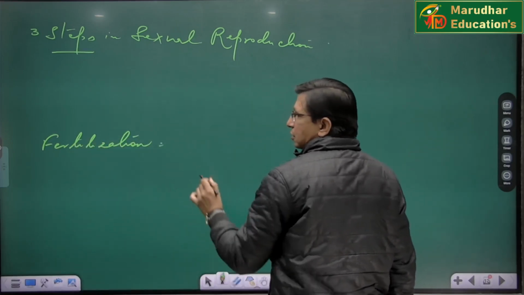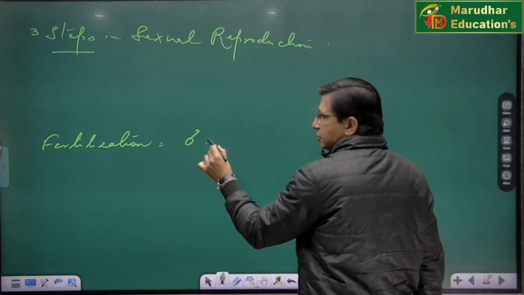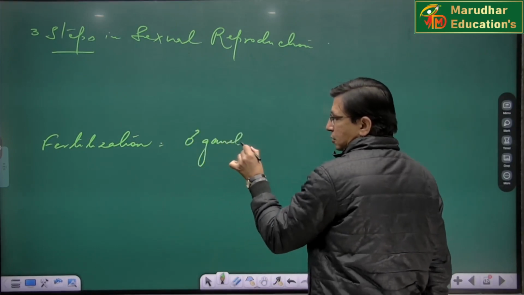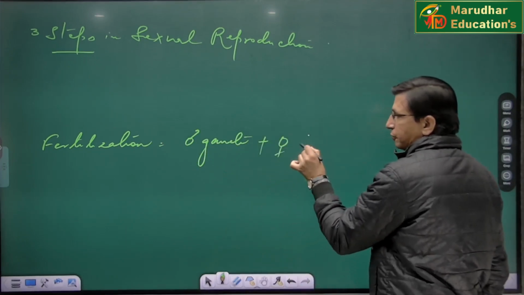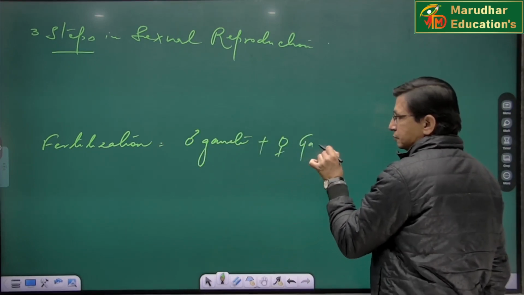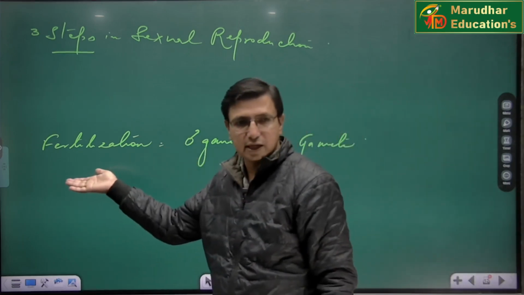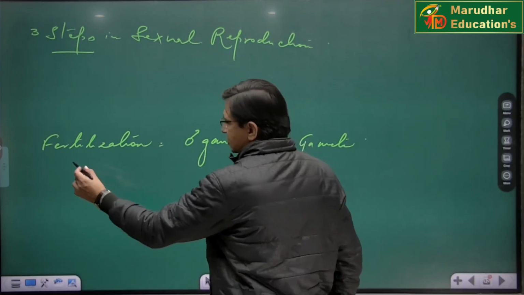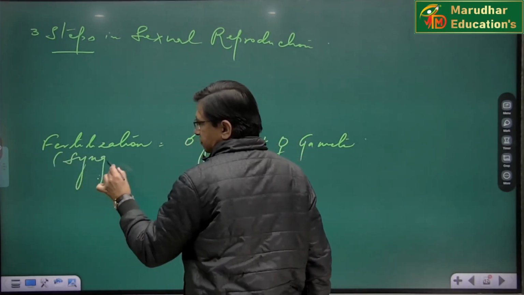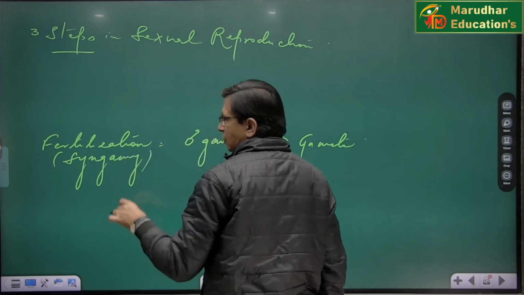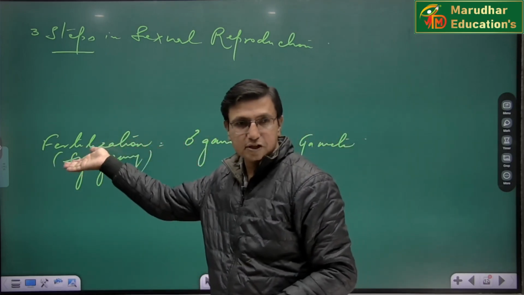Fertilization, where a male gamete fuses with a female gamete. This process is known as fertilization. Sometimes it has also been given the name syngamy. So this is the central step. Central means the step that comes in the middle.